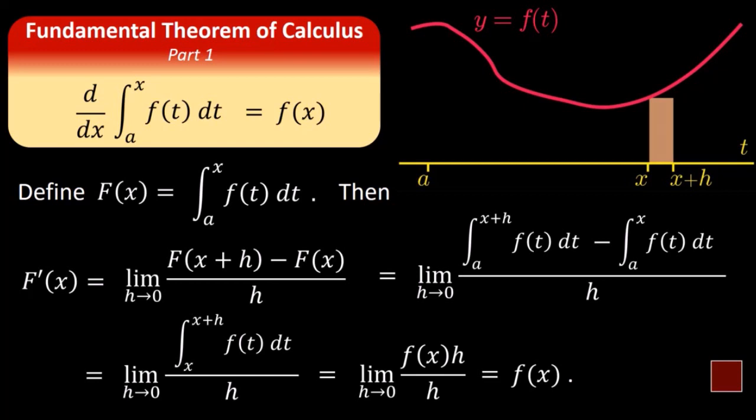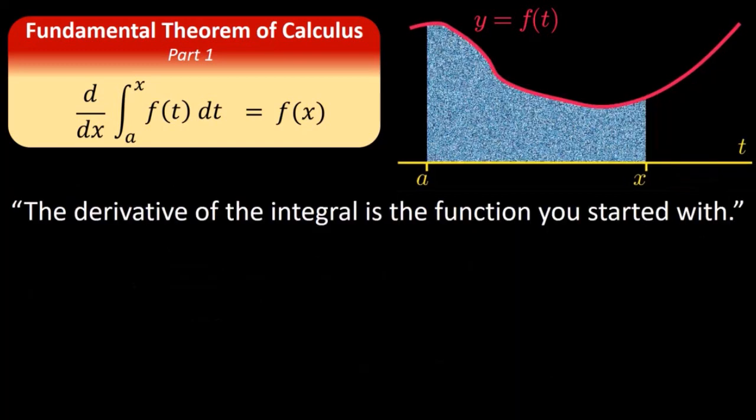So I have explained, almost proved, but glossing over some details. So let's just say I've explained how the theorem works, why it works. And now, let's paraphrase. Starting with little f, the derivative of the integral of that function is the function we started with.